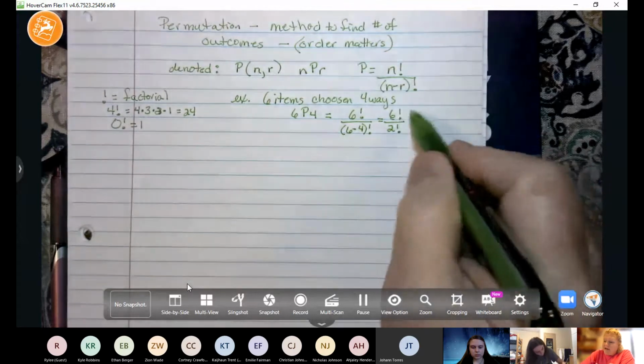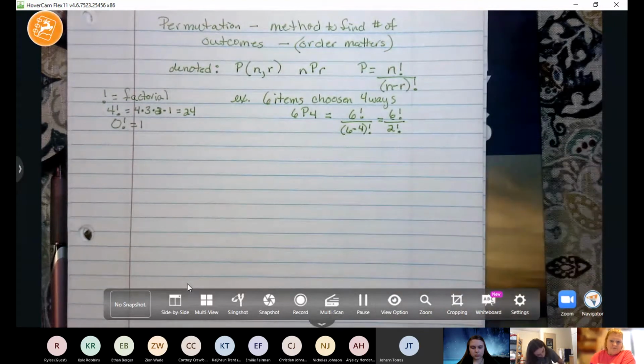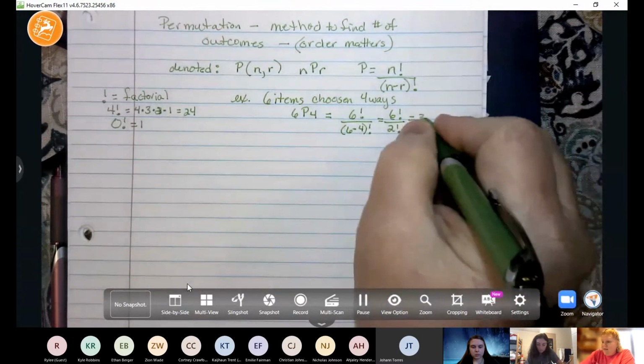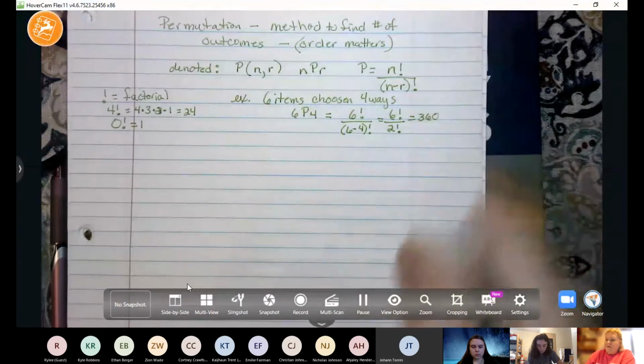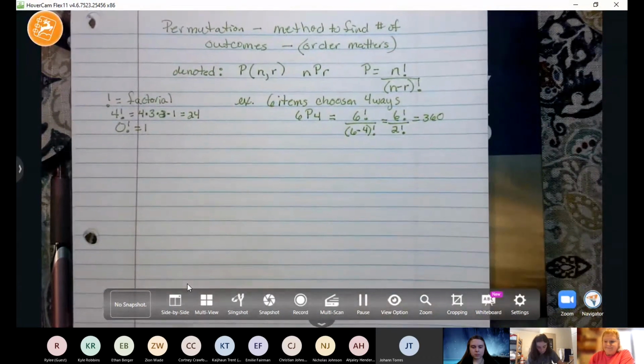And then you're going to have to calculate the top and calculate the bottom and reduce it. And you should end up with 360 when you finish.